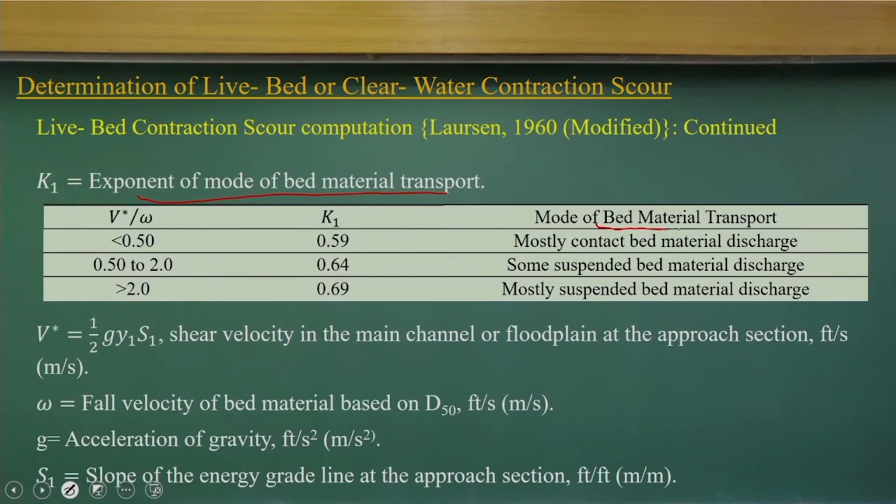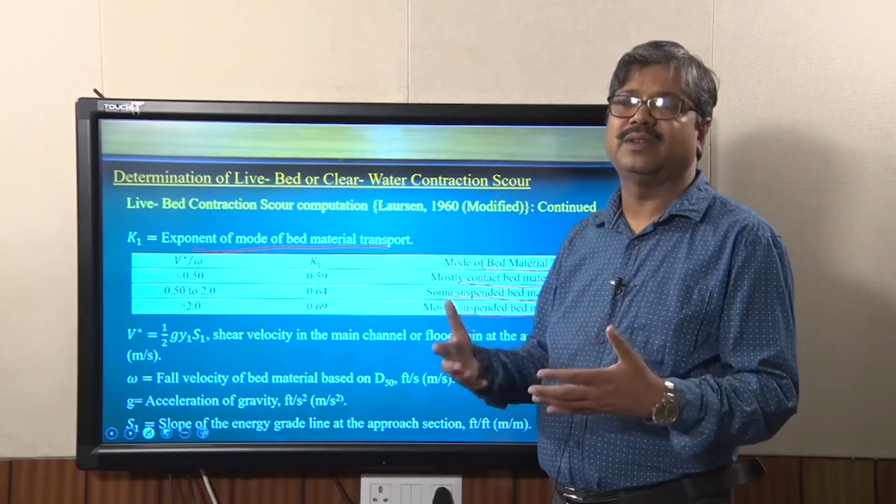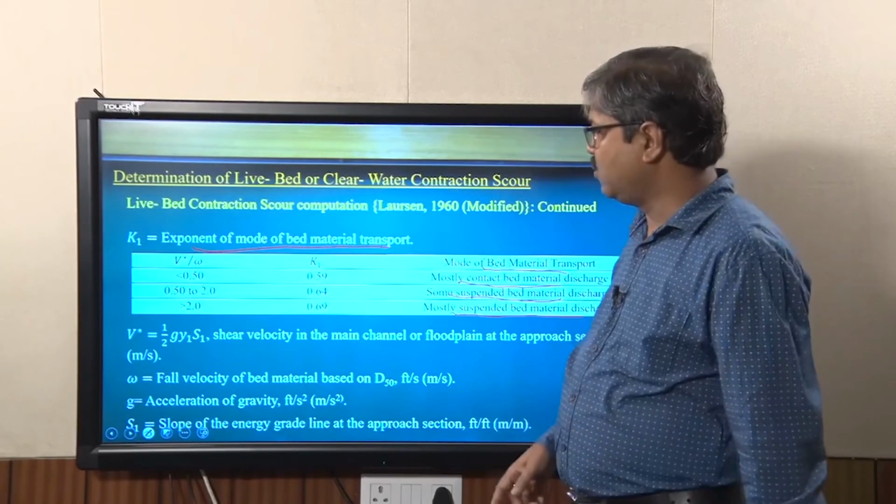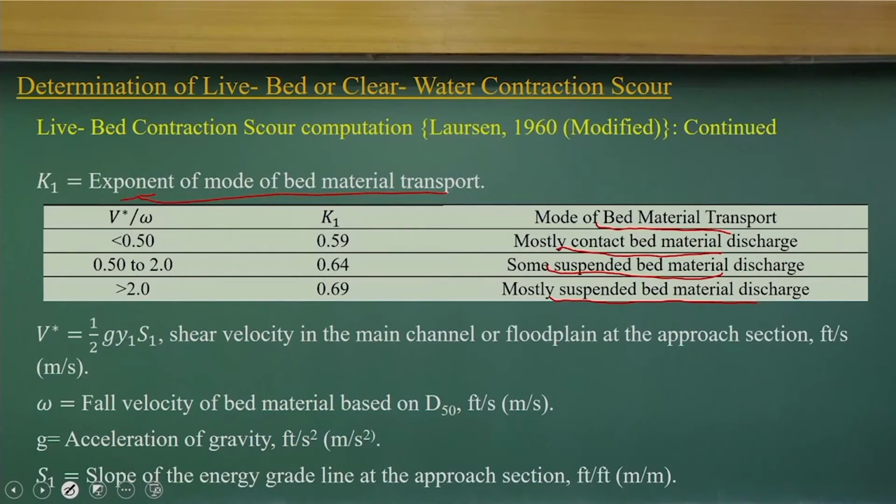Bed can have a material type: mostly contact bed material, some suspended bed material discharge, or mostly suspended bed material. So, as this ratio increases, the bed material and suspended material behaviors change. Like when this value is lesser than 0.5, K1 is 0.59, it is mostly contact bed material.